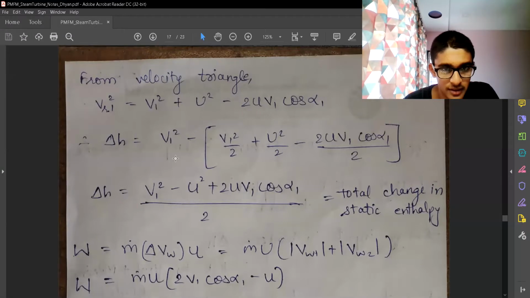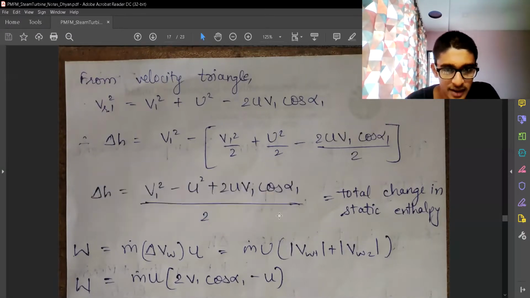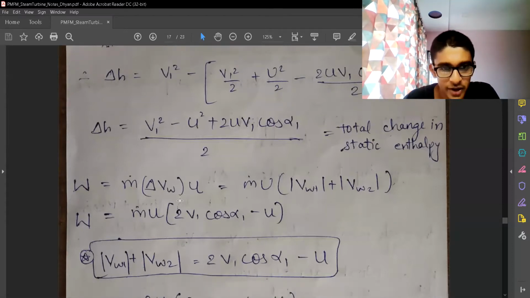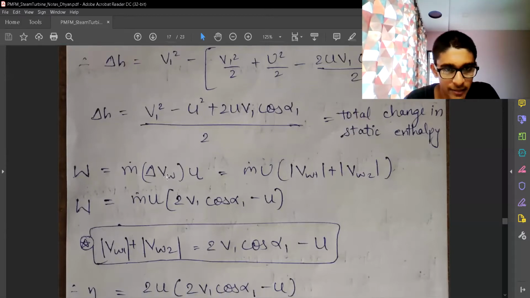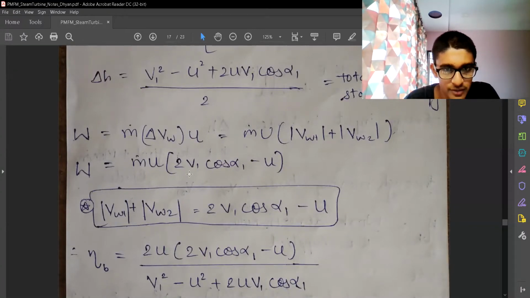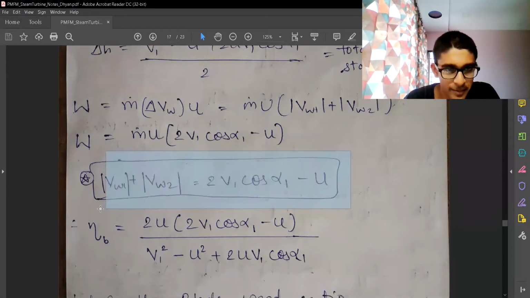So making it simpler, this is the final expression for delta H, and that is the total change in static enthalpy that will come in the denominator, while work done we have already known, m dot u into delta VW, and we have just expressed delta VW in terms of 2 V1 cos alpha 1 minus u. So this is an important expression.